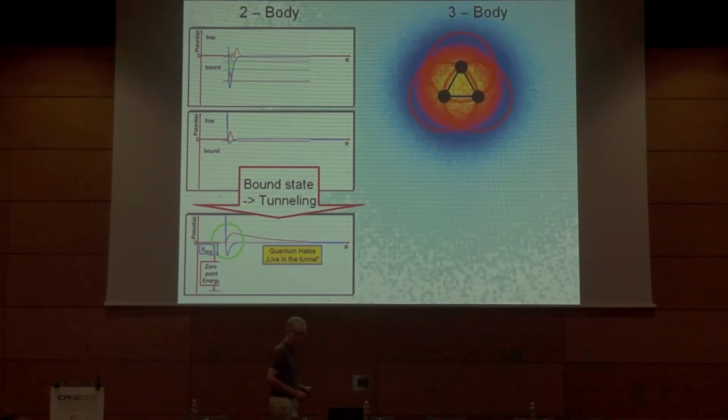And now we make these bonds looser and go from here to here and look at the three-particle system and see if also you have just one, and then it's gone.